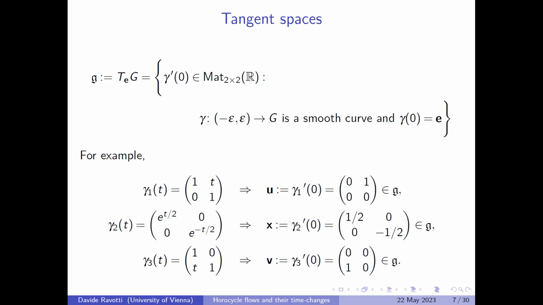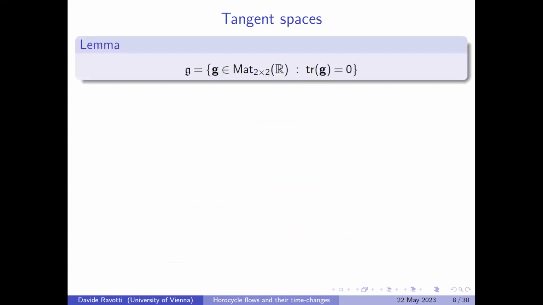And indeed, this is not a coincidence, and we can actually prove that the tangent space at the identity, this collection little g, consists precisely of those 2 by 2 matrices whose trace is 0.